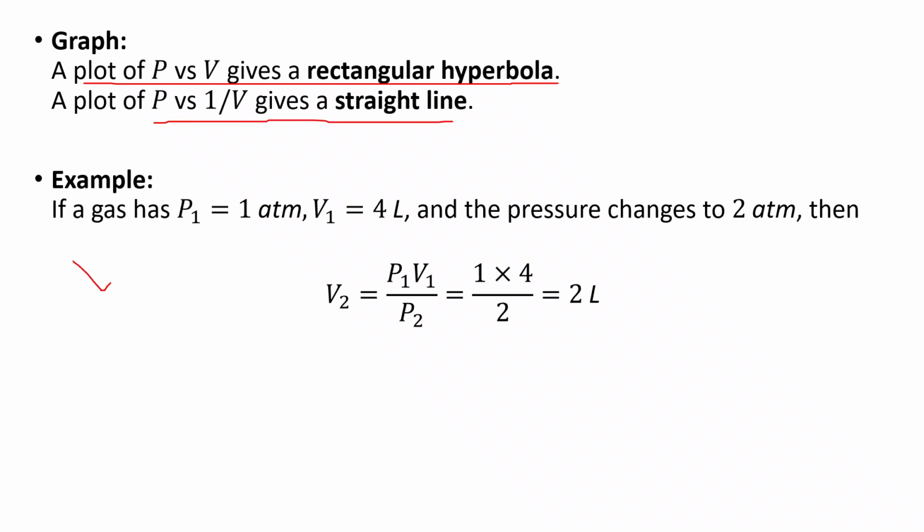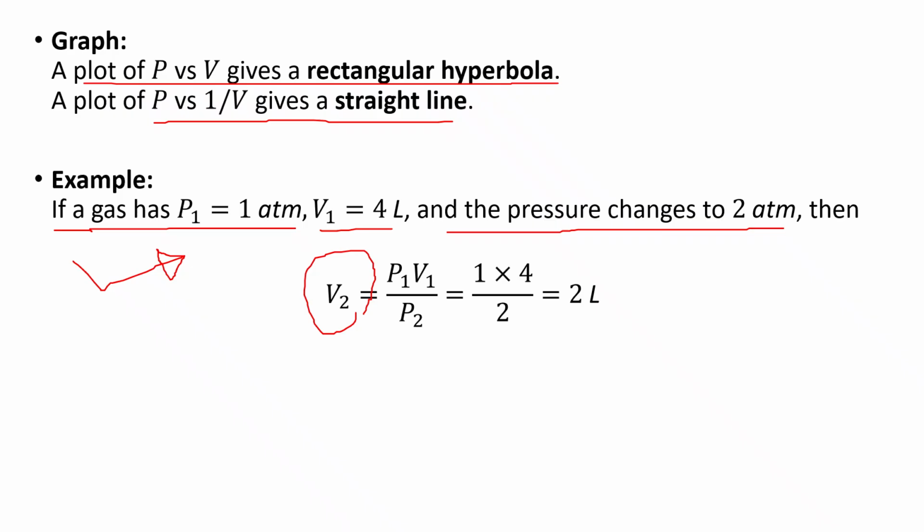A numerical that may carry 1 or 2 marks and include application of Boyle's law may be asked. If the gas has pressure P1 equals 1 atmosphere, volume V1 equals 4 liters, and the pressure changes from 1 atmosphere to 2 atmosphere, what is the final volume?